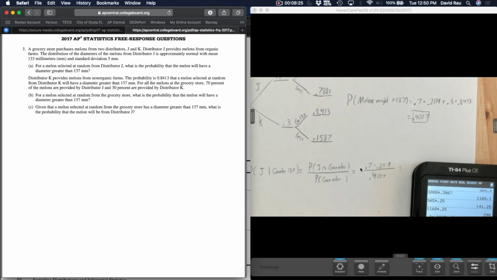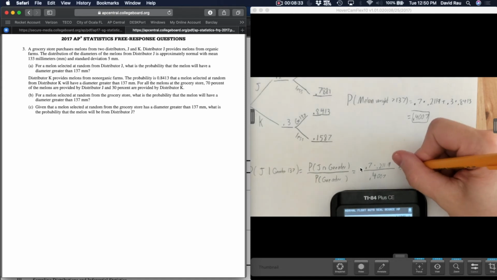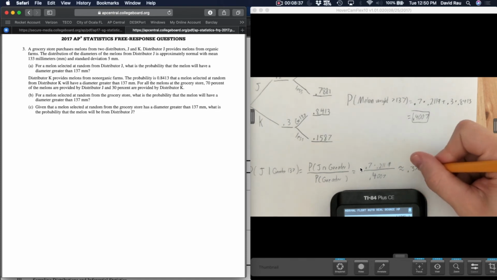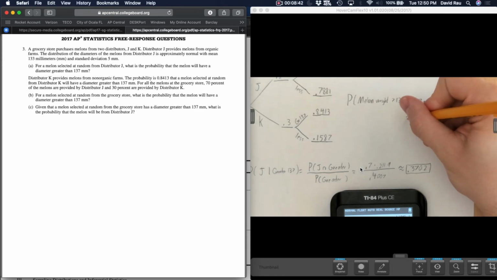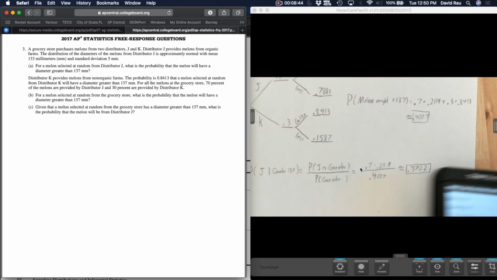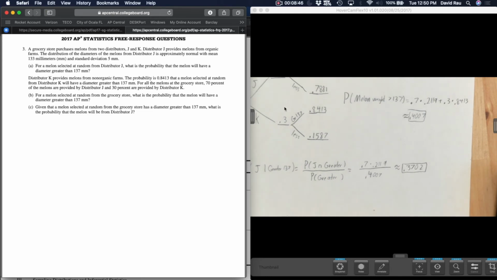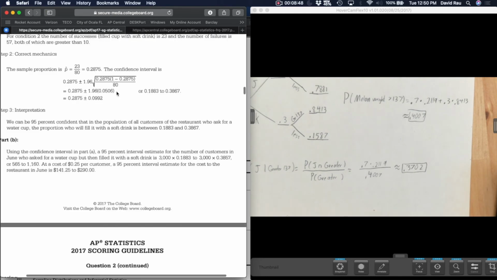And so let's work this out. 0.7 times 0.2119 divided by 0.4007. And I guess I'll write approximately because I'm about to round. 0.3702. And I guess I could put approximately here as well. Okay. And there we go. So let's see what happens here.